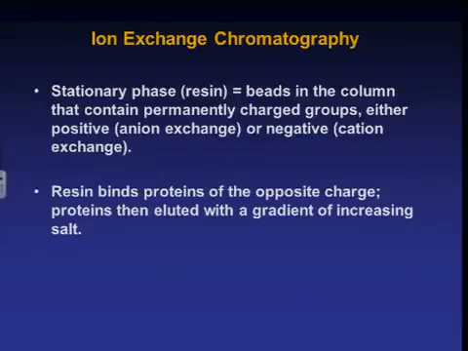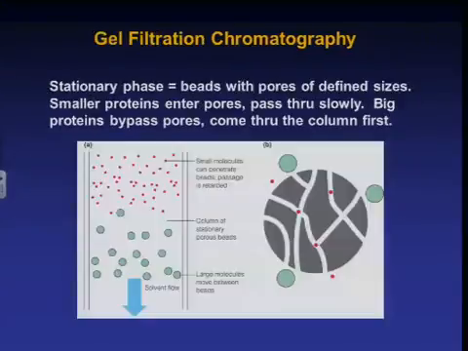The highest amount of negative charge. So in ion exchange, you're separating the proteins based on their charge. And you've got two ways to approach it, with either a cation exchanger, which is negatively charged on the resin, right, or an anion exchanger, which is positively charged on the resin.